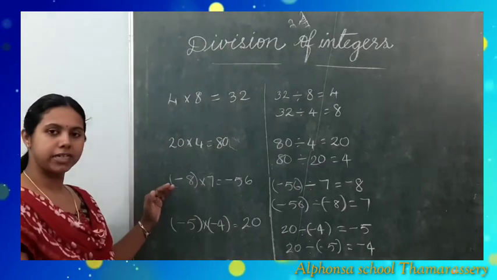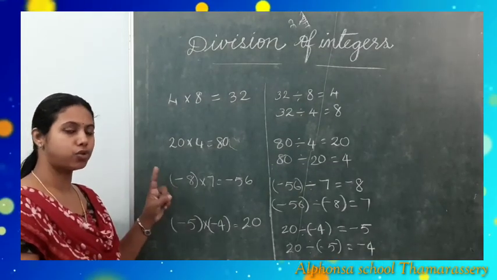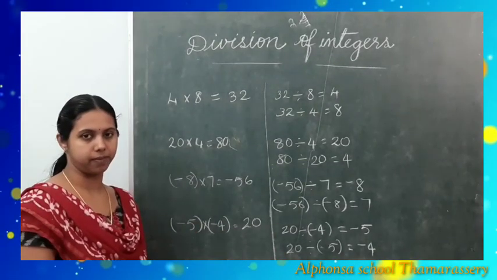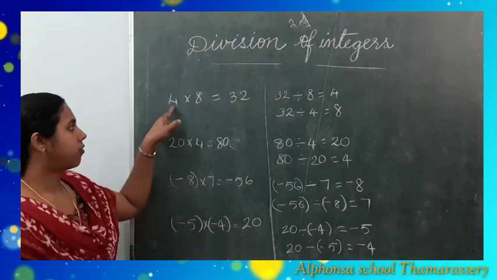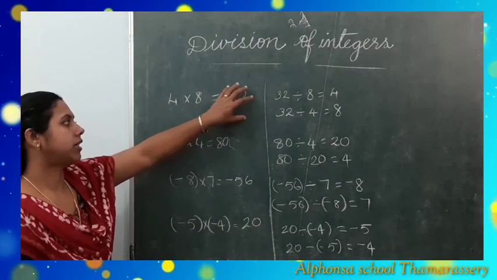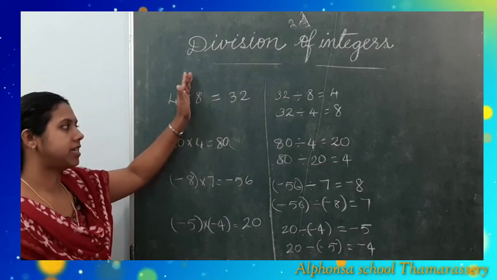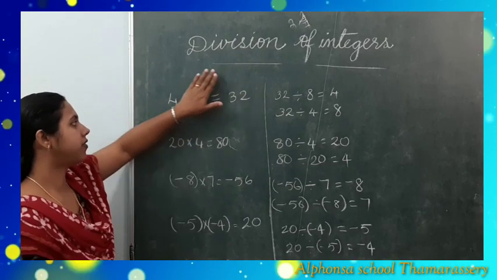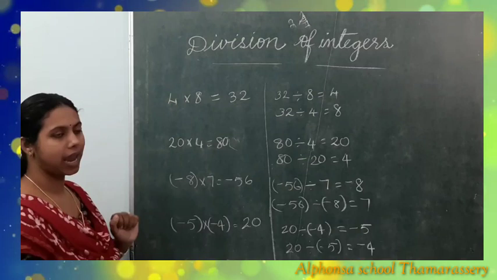For any multiplication statement, there are two division statements. 4 into 8 is 32, so 32 divided by 8 is 4, and 32 divided by 4 is 8.